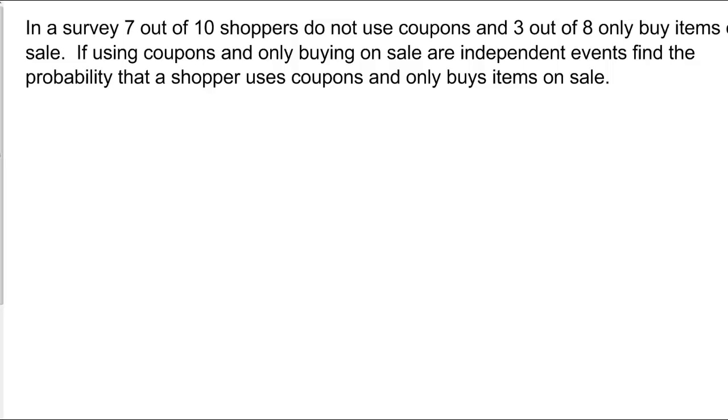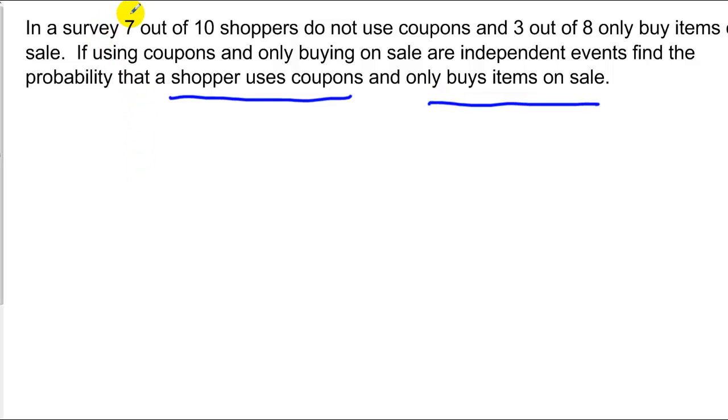Find the probability that a shopper uses coupons and only buys items on sale. So we've got to determine what our two events are. One is that the shopper uses coupons, and two is that the shopper only buys items on sale. So we're going to look for those specific probabilities and then multiply them together.